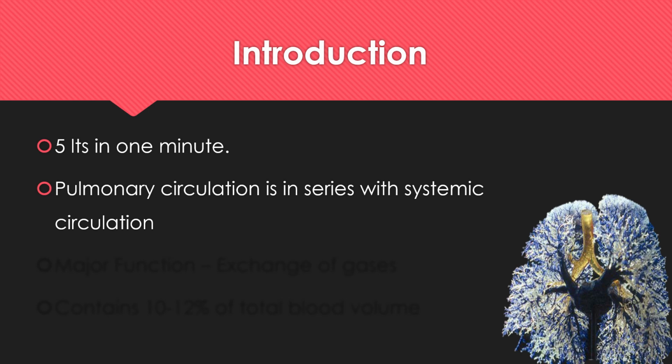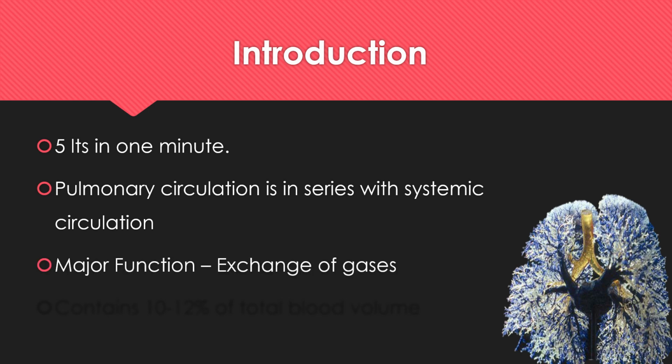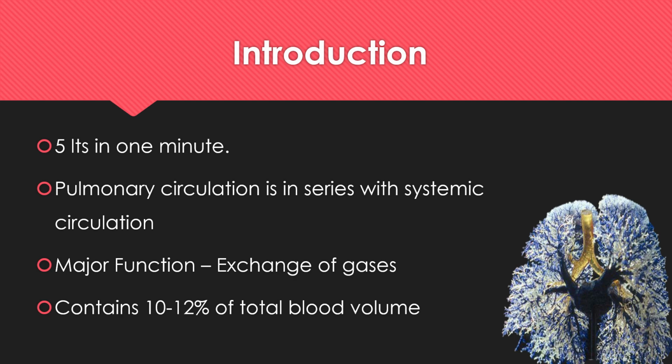Though pulmonary circulation has some other functions, its major function is the exchange of gases, absorbing the oxygen and releasing the carbon dioxide. And it contains 10 to 12% of the total blood volume.